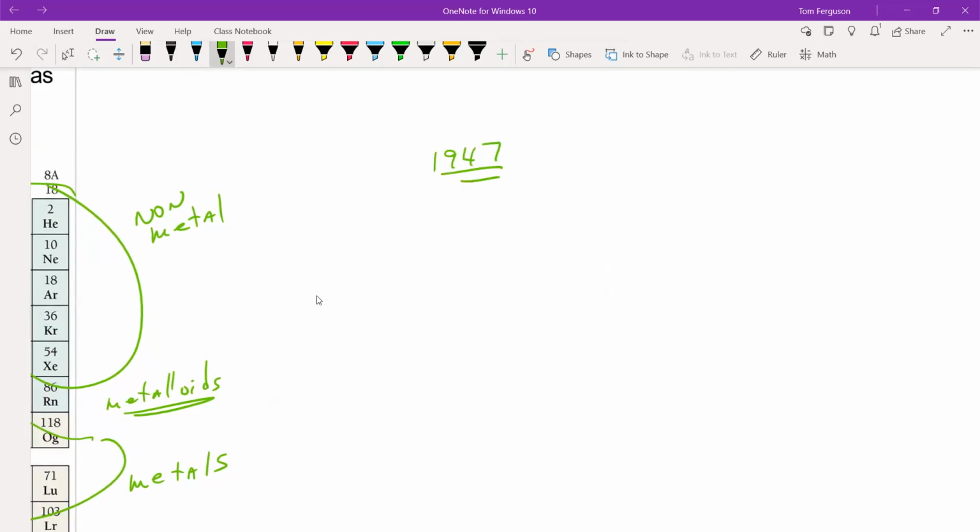In 1947, in the United States, Bell Labs, using a metalloid, invented something. Does anyone know what that is? This is real nerdy. 99% of the stuff you do every single day involves this invention.